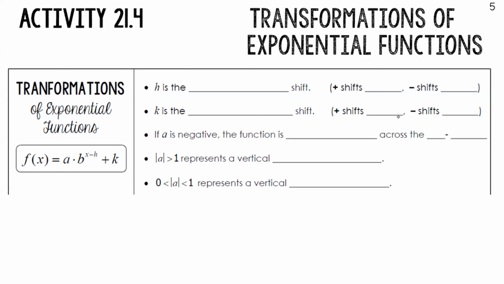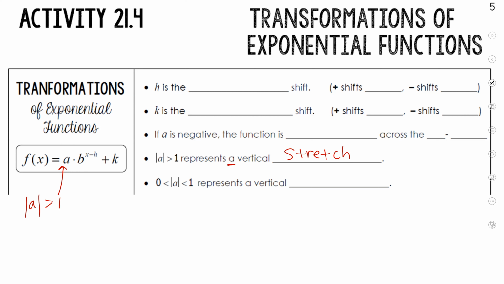So transformations of exponential functions. Over here is the format that we have to recall. So the A value in the front. If the absolute value of this number is greater than 1, it is a vertical stretch. This is the A value.